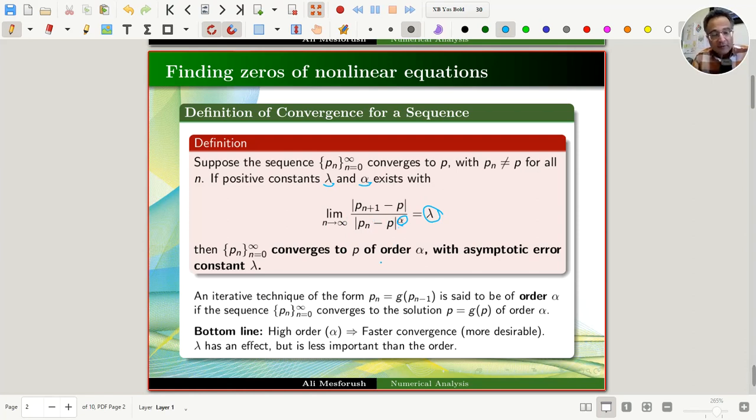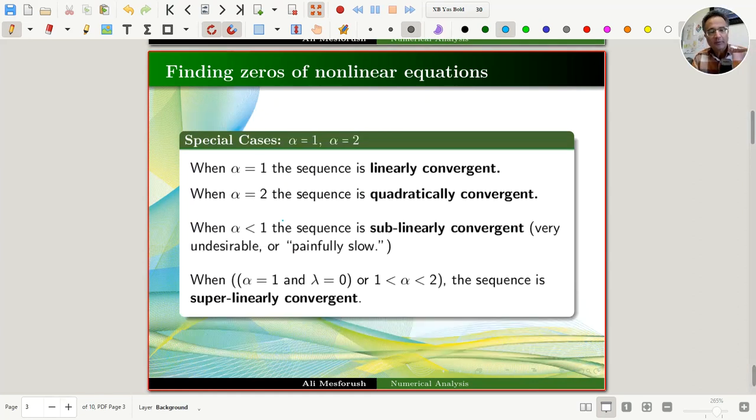The first one is that when alpha is bigger, for example 2 or 3 or 1, any number can be alpha, the rate of convergence is faster. But lambda is not as important as alpha. It has some effects, but it's not too important.